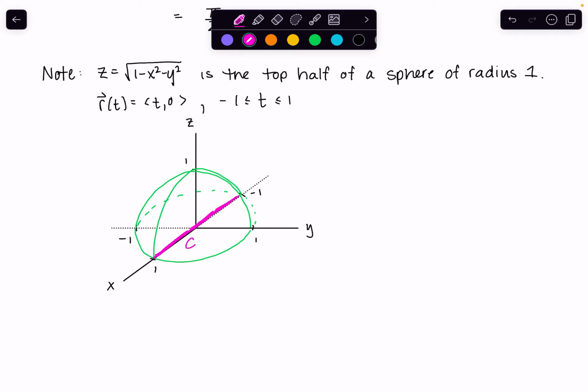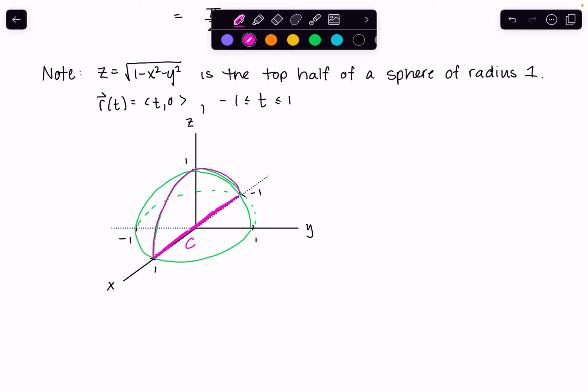This is our curve C. So if I look at my function specifically on this curve C, all it's doing is taking that xz trace. Okay? That is the image of the curve along the function. So the curtain that we're finding is really what is happening in the xz plane.